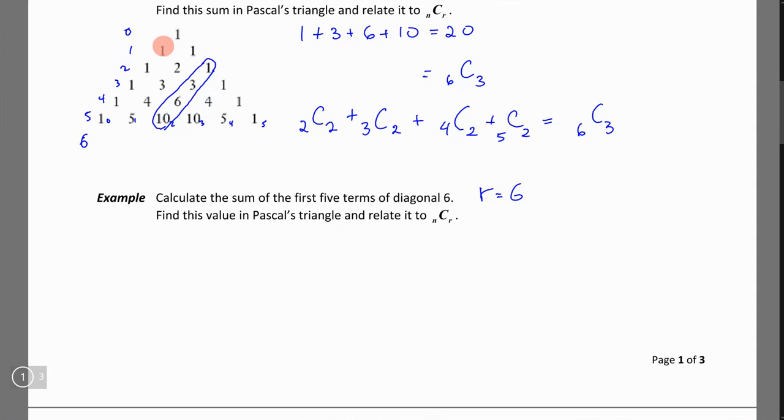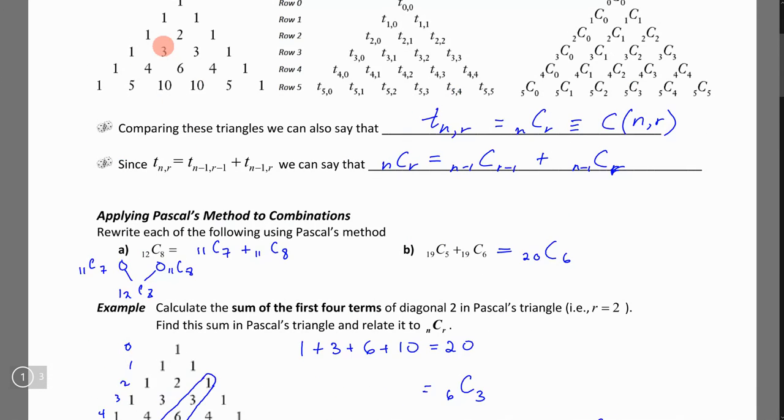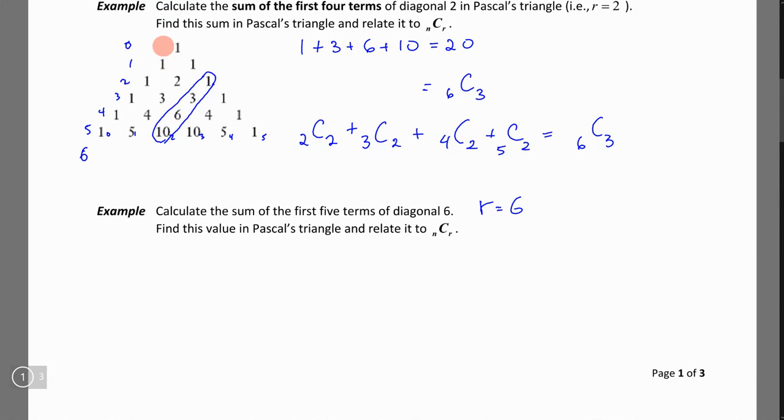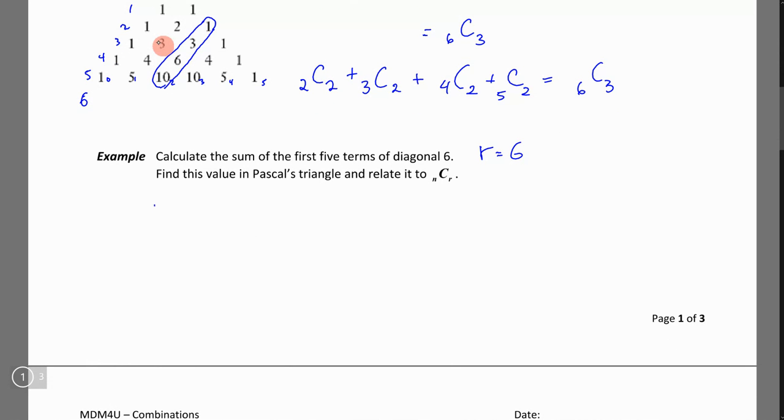So along that diagonal, I'm going to be adding 6 choose 6, plus 7 choose 6, plus 8 choose 6, plus 9 choose 6, plus 10 choose 6.